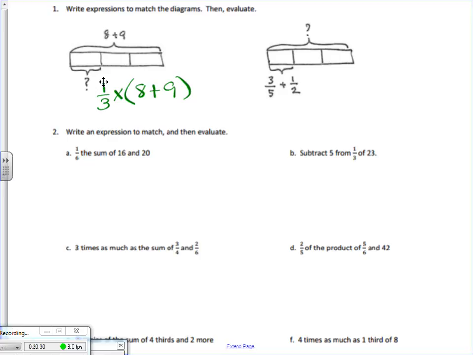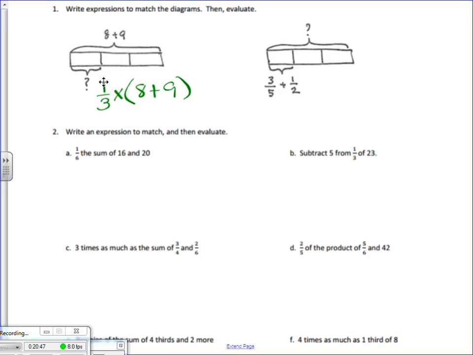I think you want 1/3 because there are 3 parts. And there's only one of them that's got a bracket with it. So 1 out of 3, 1/3 of 8 plus 9. And then they want you to solve it.